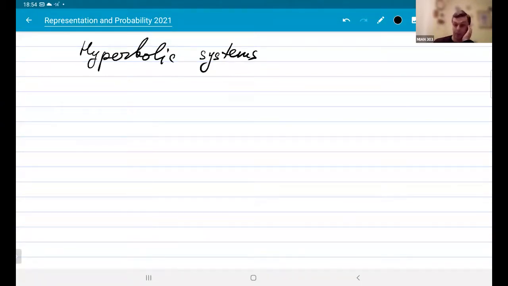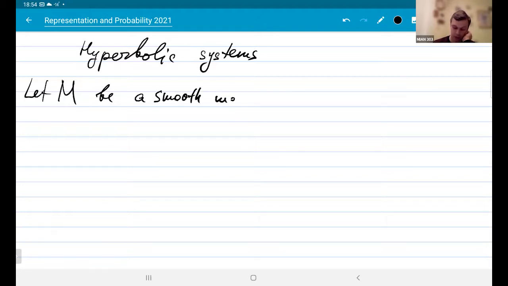And this is the following. So let M be a smooth manifold. And I assume that on this smooth manifold we have some Riemannian metric.